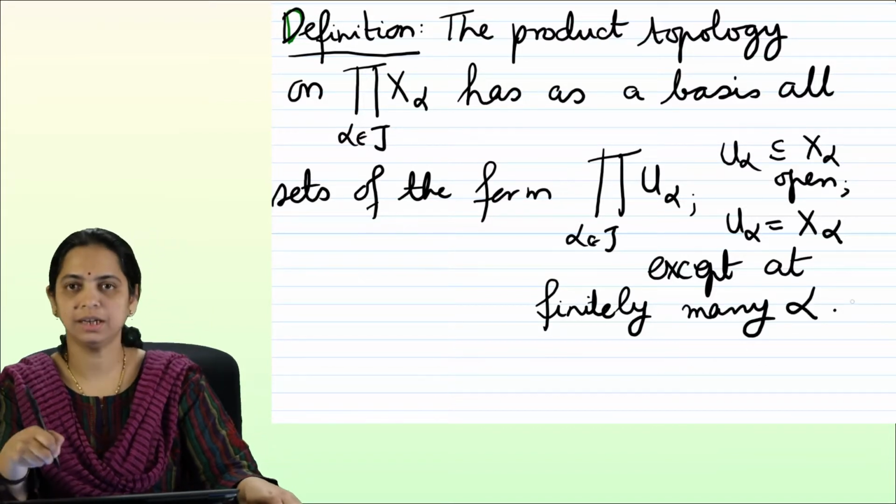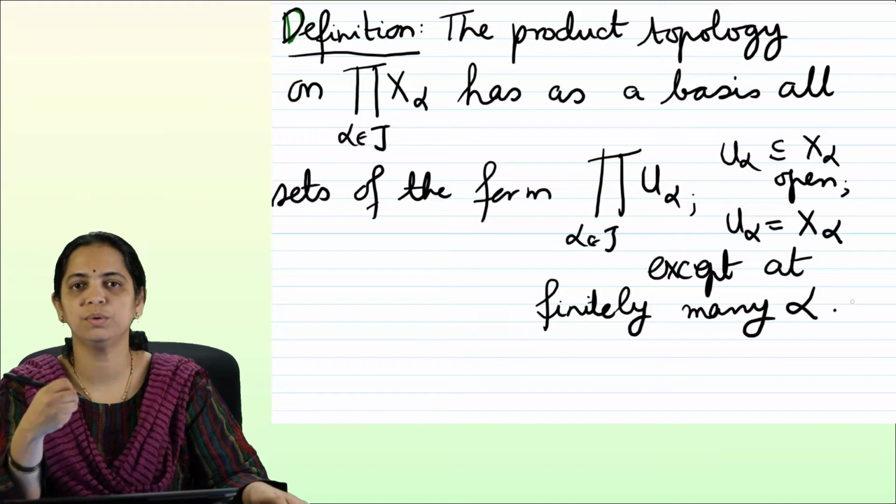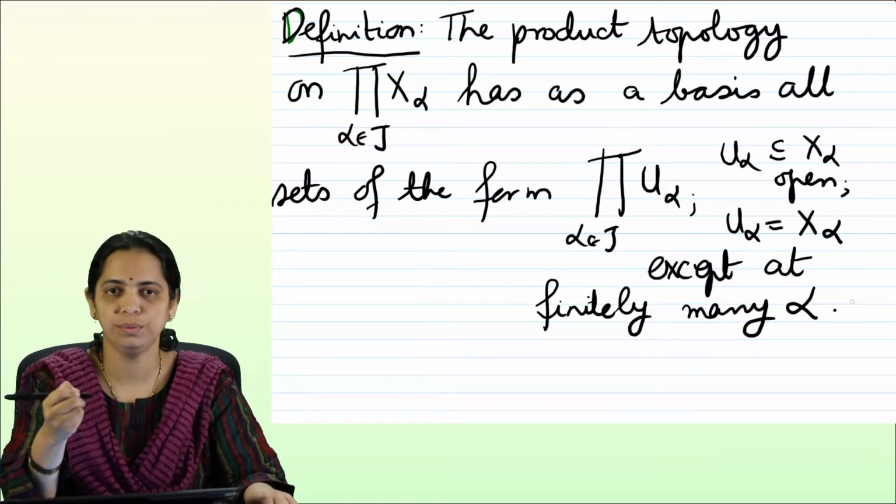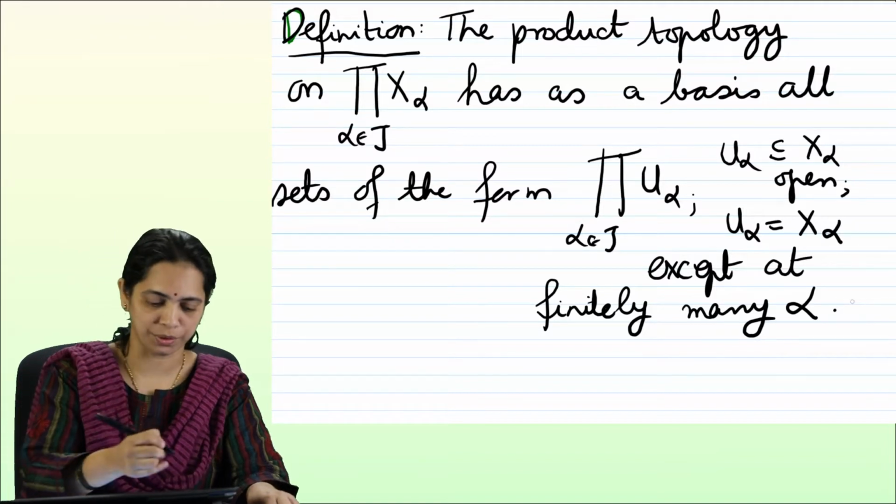And it is this second condition, that U alpha becomes the whole space except at finitely many alpha, that is going to distinguish between the two topologies.